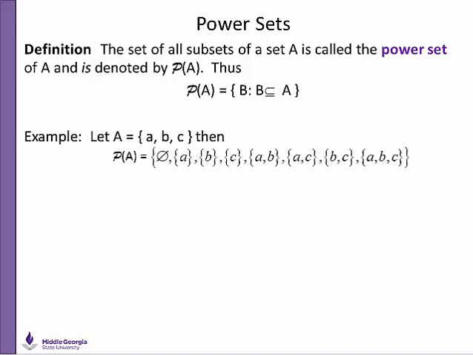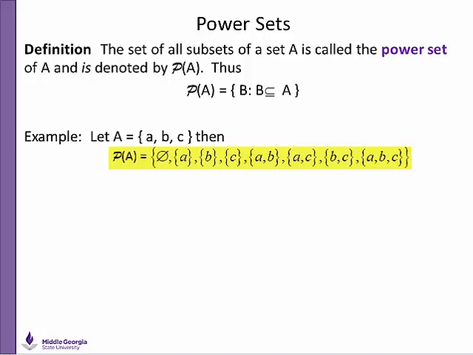Let our set A be the set containing a, b, and c. The power set is the set that contains, well, the empty set, because that's a subset of every set, the singleton set containing a, the singleton set containing b, and the singleton set containing c.